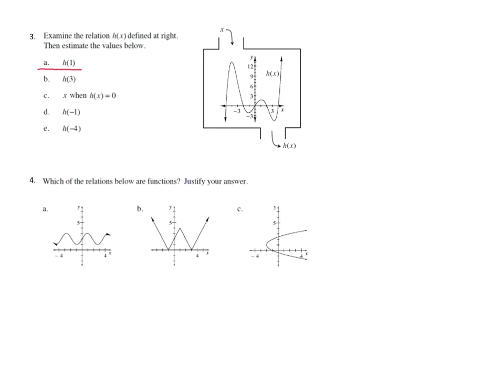Here it says, what is the h of 1? So, at 1, if I look here, there's 1. It looks like it comes across at right about 2. I was a little high there in my mark, but I'm going to say the h of x equals 2. Remember, we're kind of estimating. You're going on your best guess.